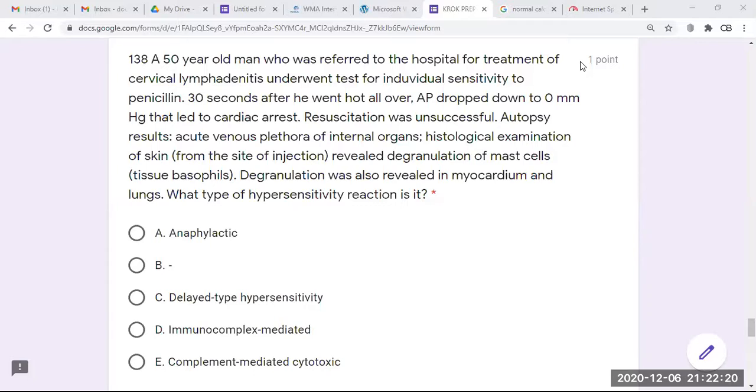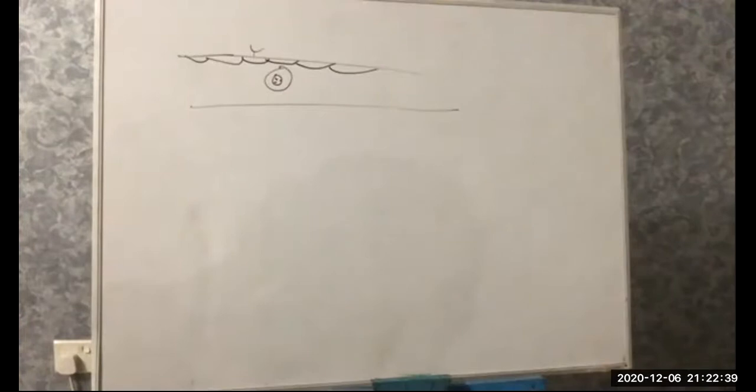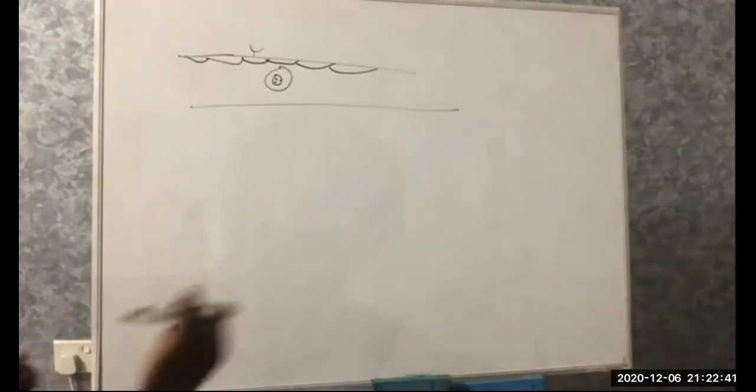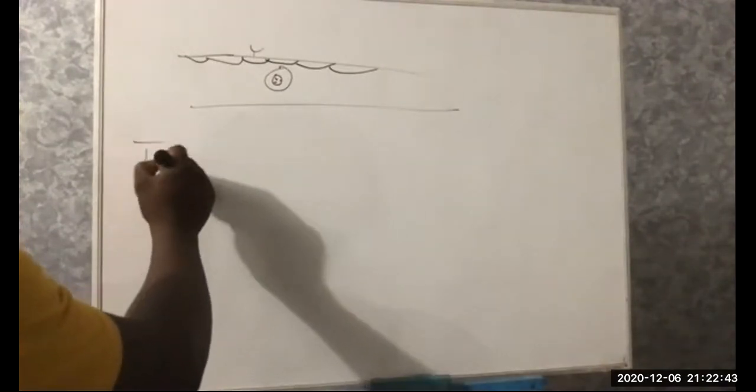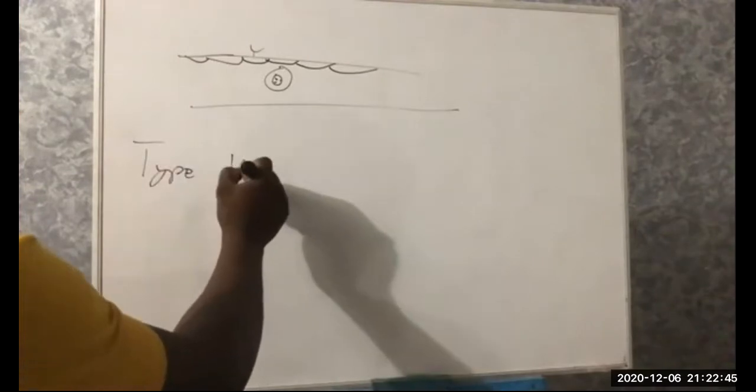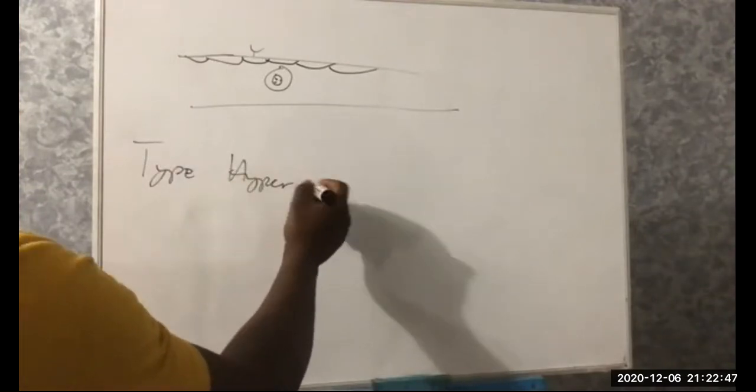Remember we spoke about hypersensitivity, and we said that hypersensitivity is an exaggerated form of immune response to a foreign organism that ends up damaging our own self. So we said we have type 1 hypersensitivity, which is also called the immediate.